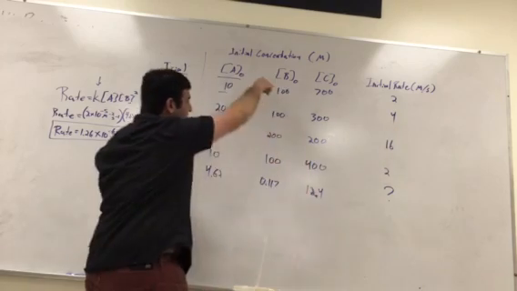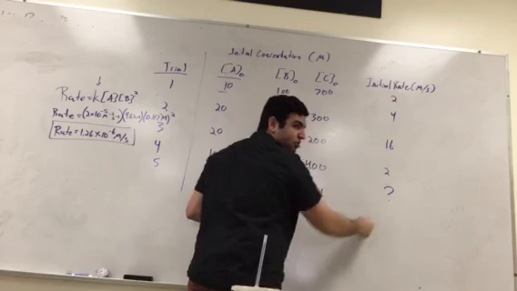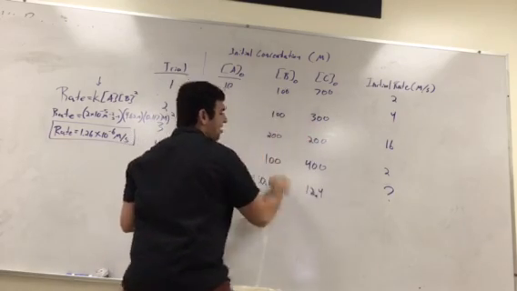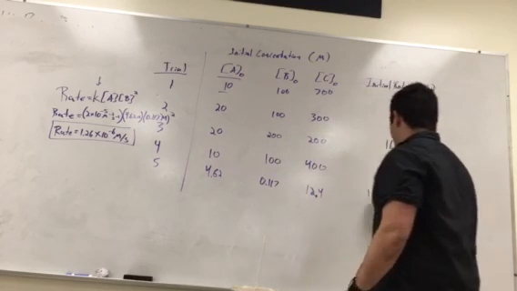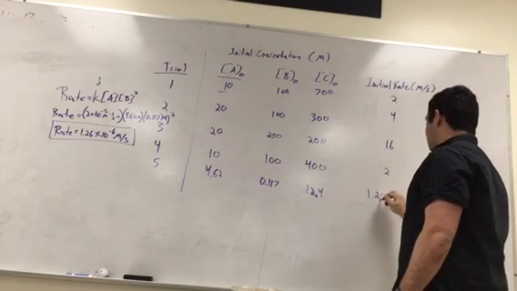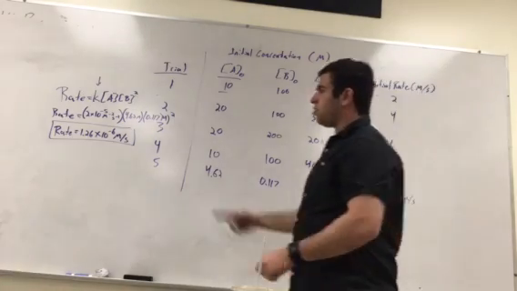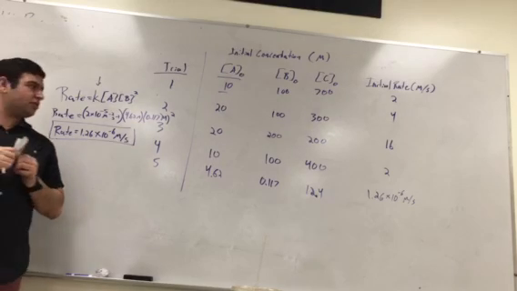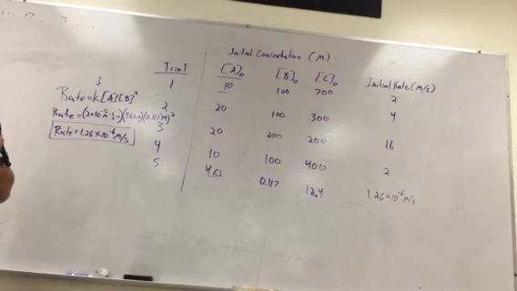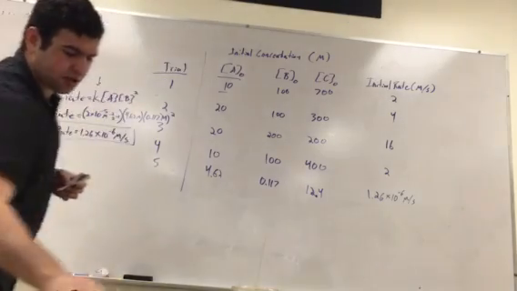So if I did any of them, it would have worked. The only one I couldn't do is this one, because I don't have this information. But once I get the K, I can calculate this, which I found out is 1.26 times 10 to the negative 6. Make sense?